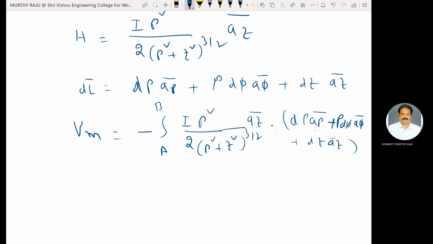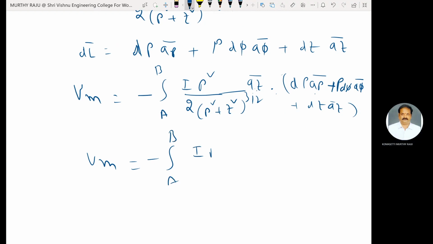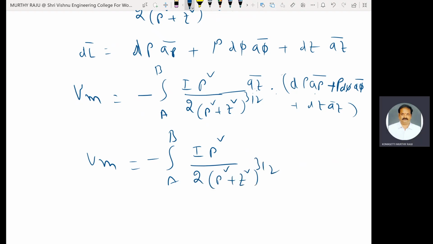Finally, Vm is equal to minus integral from a to b of I rho square by 2 into (rho square plus z square) to the power 3 by 2 az bar dot dz az bar.